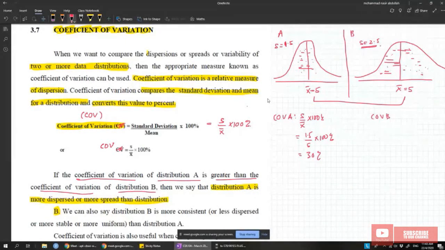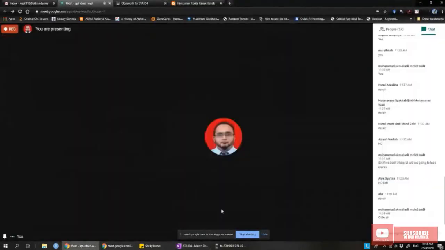For coefficient of variation B, S divided by X bar multiplied by 100%, this is 2.5 divided by 5 multiplied by 100%, which is equal to 50%.